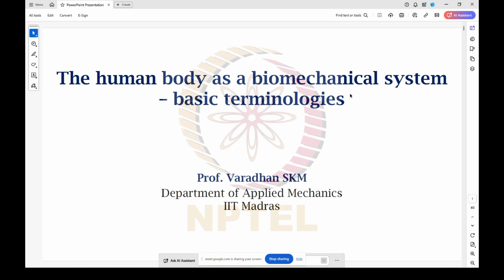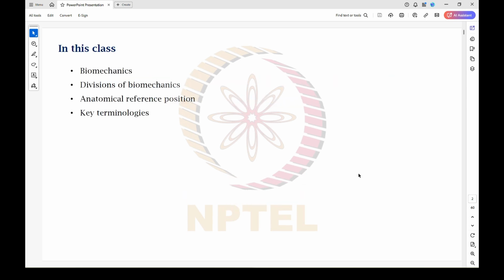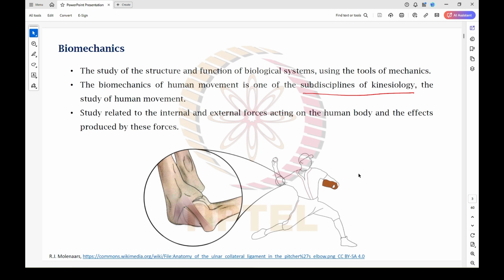Okay, I'll start with discussing whatever has been taught in week 2. The definition of biomechanics is the study of structure and function of biological systems using tools of mechanics, and it comes under the subdiscipline of kinesiology.